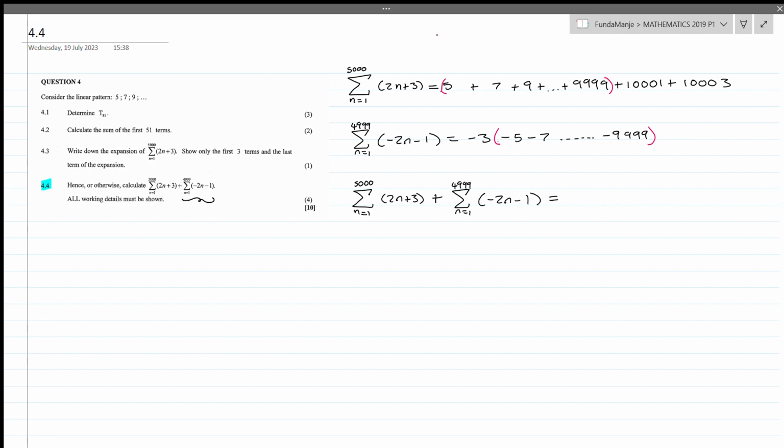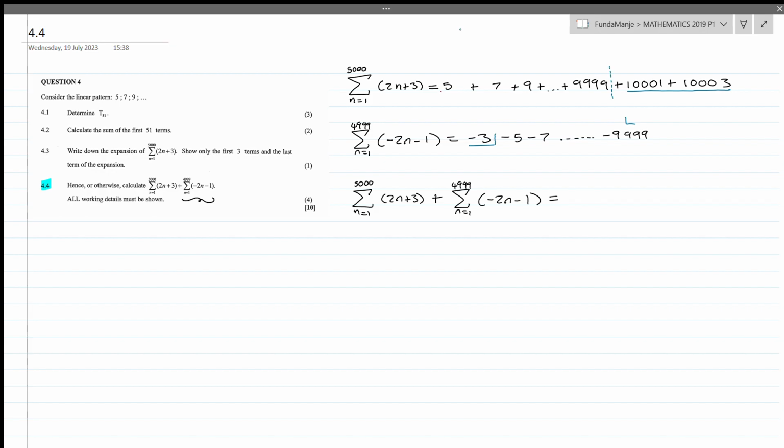When we add 5, we subtract 5. When we add 7, we subtract 7. Add 9, subtract 9. Add 9,999, we subtract the same amount. So honestly, the only figures here that are significant are the minus 3, along with the last two terms here, because we see our pattern doesn't go this far. This is the last value of the pattern, meaning it will only be able to cancel out our values up until this point.